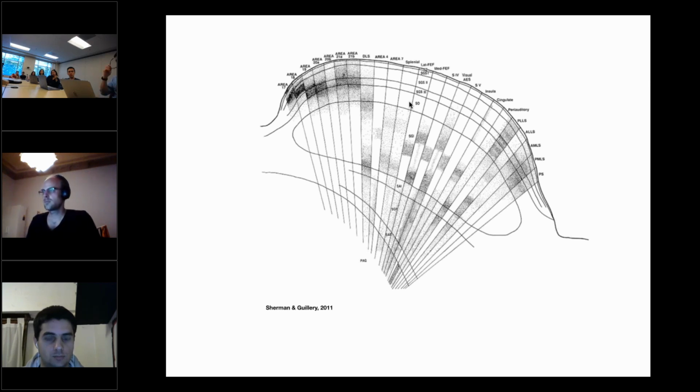So you can see here, it's layered, and it's columnar. You can see when you trace the pyramidal outputs to this, it is divided in this way. Area 17, 18, so 17 is primary, area 18 is secondary, V2, V3, and so on.